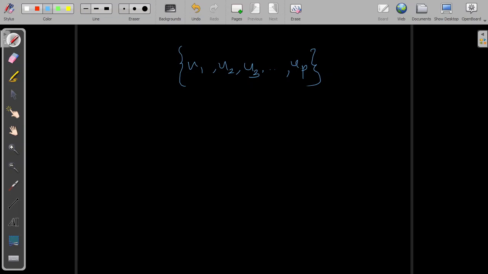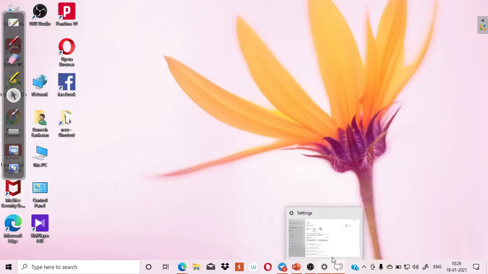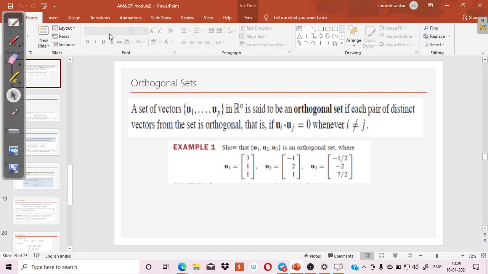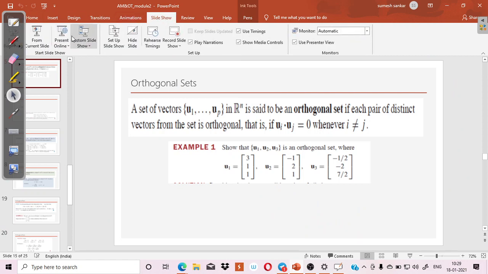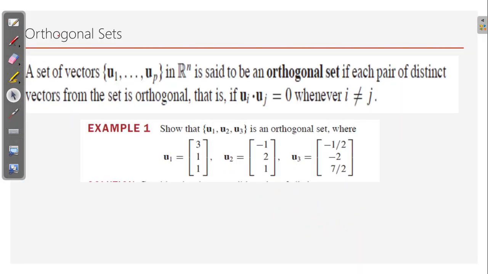It is defined like this. A set of vectors u1, u2, etc., up in Rn is said to be an orthogonal set if each pair of distinct vectors from the set is orthogonal.